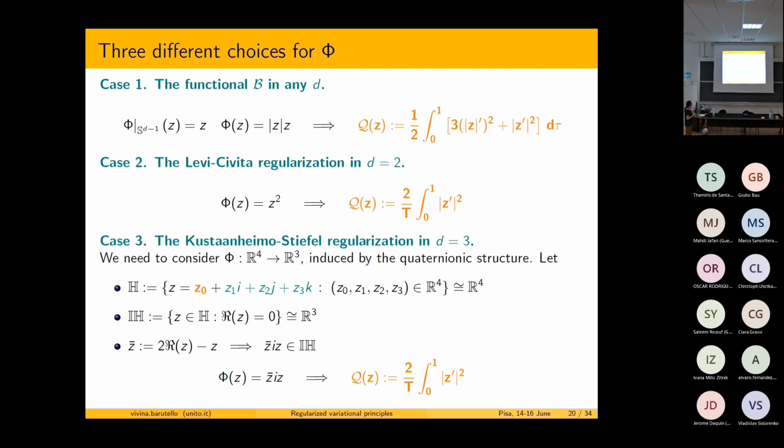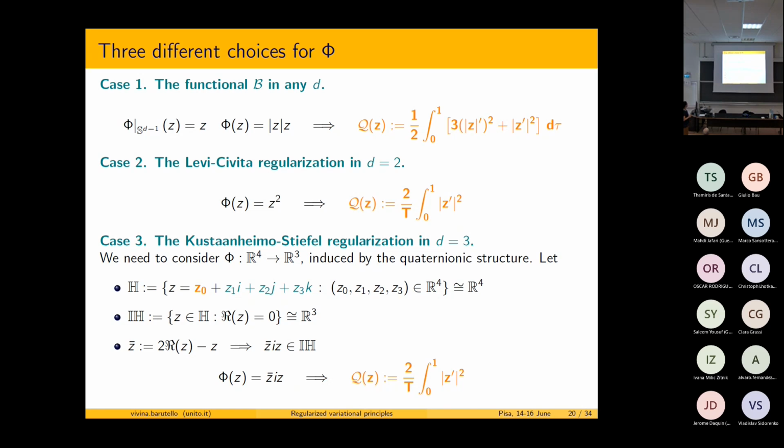The term Q just reduces to the L2 norm of Z prime, and Z was in H1, so this is a finite quantity which was defined. Okay. The Kustaanheimo-Stiefel regularization is a sort of extension of the Levi-Civita regularization. There will be a talk in the afternoon on this subject.